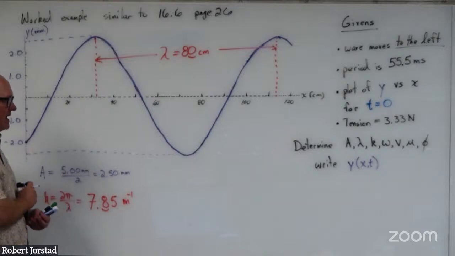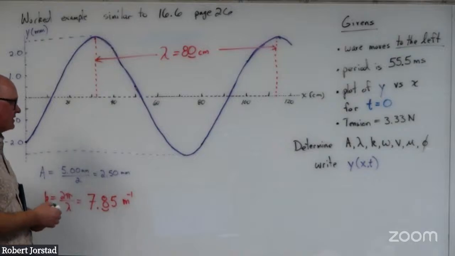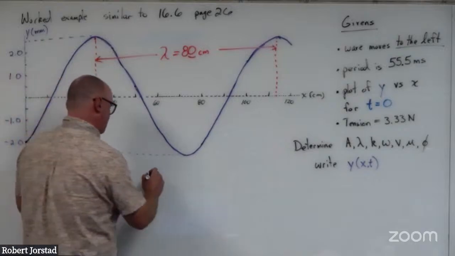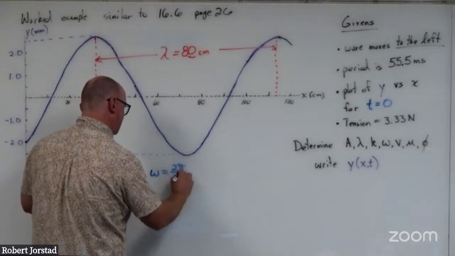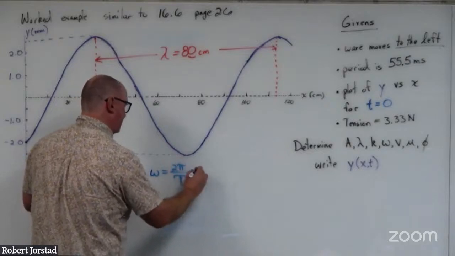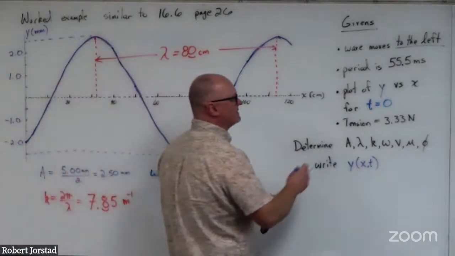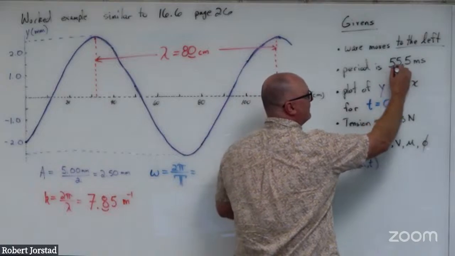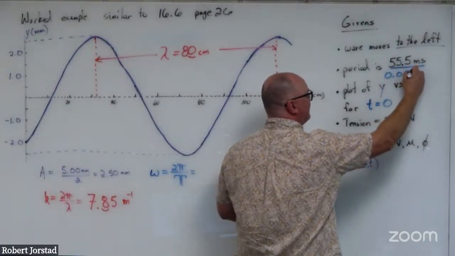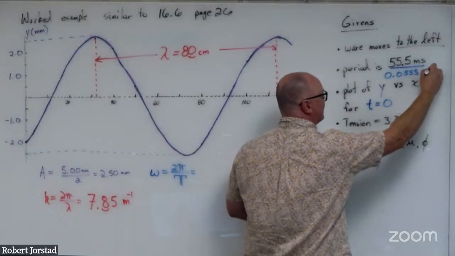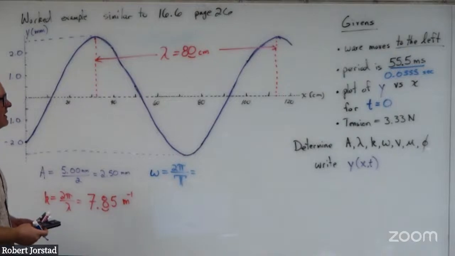All right, omega. We're going to try and get omega. If you want to pause the video, this is your chance. 1, 2, 3, go. Omega is 2 pi over the period, which in this case, the period we were given in milliseconds, 55.5, which is 0.0555 seconds, if I did that right.